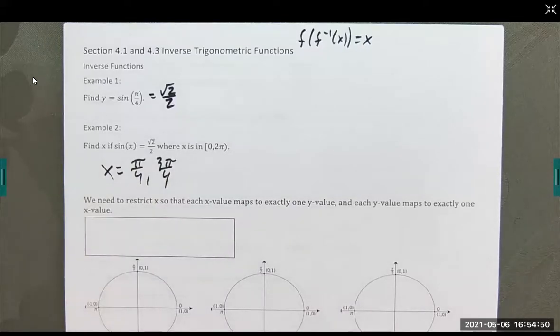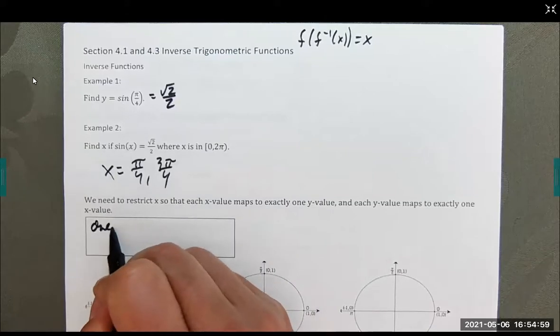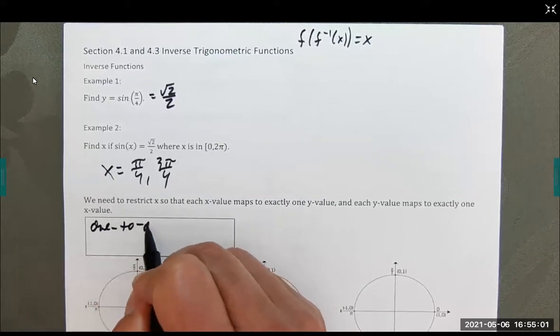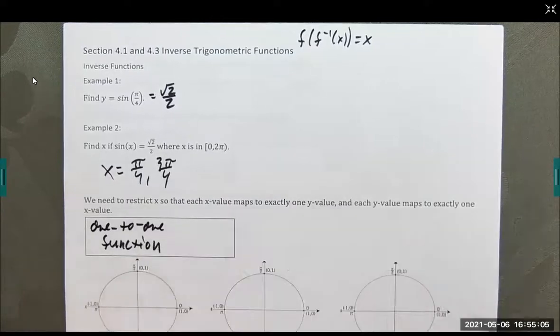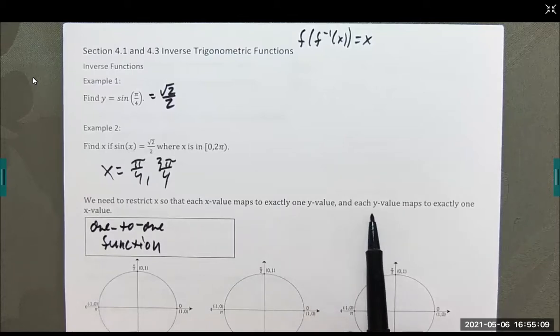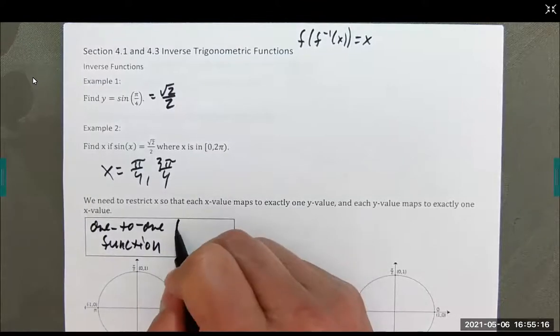So we're going to need to restrict the angles that we're going to be using because we need to make this into what's called a 1-to-1 function. And what that means is each x value gets mapped to exactly one y value and vice versa. Each y value is mapped exactly to one x value. Sometimes 1-to-1 is abbreviated 1-1.